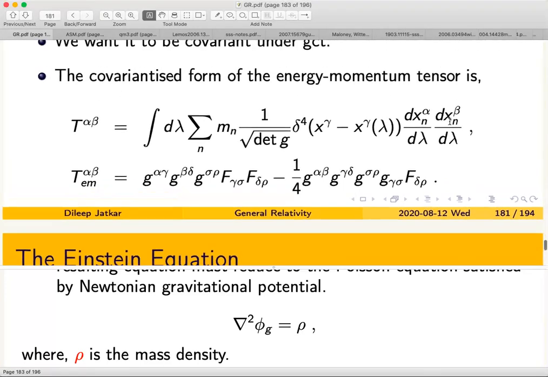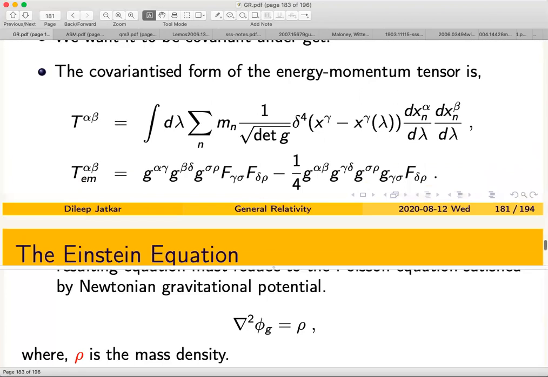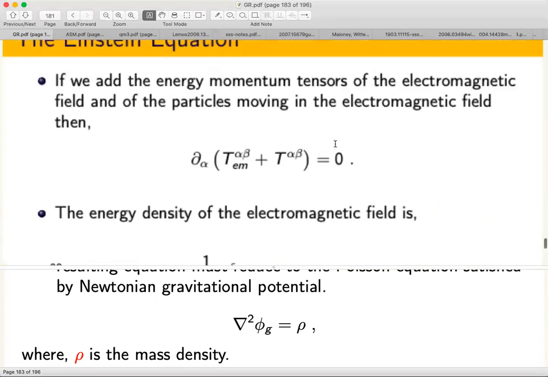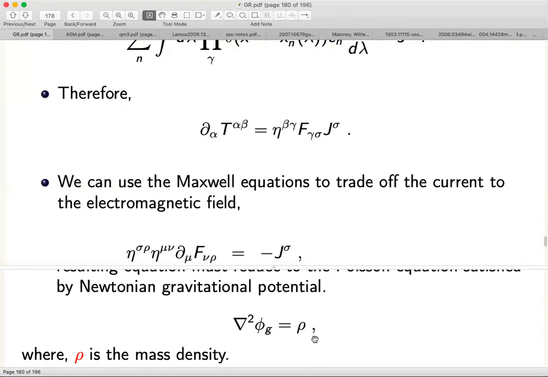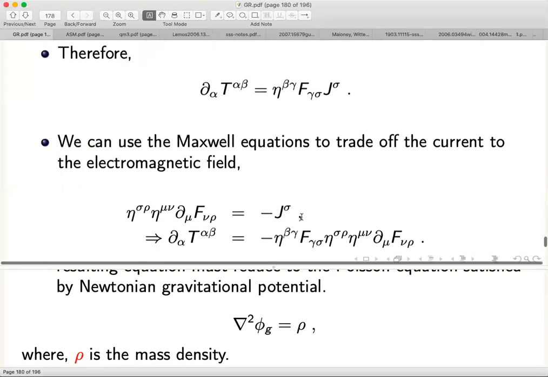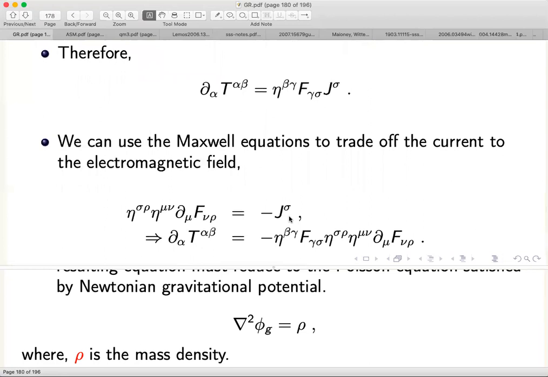Sir, I have one more question. Can you go back to the equation that you wrote for electromagnetic fields, the Maxwell's equation? The covariant form?